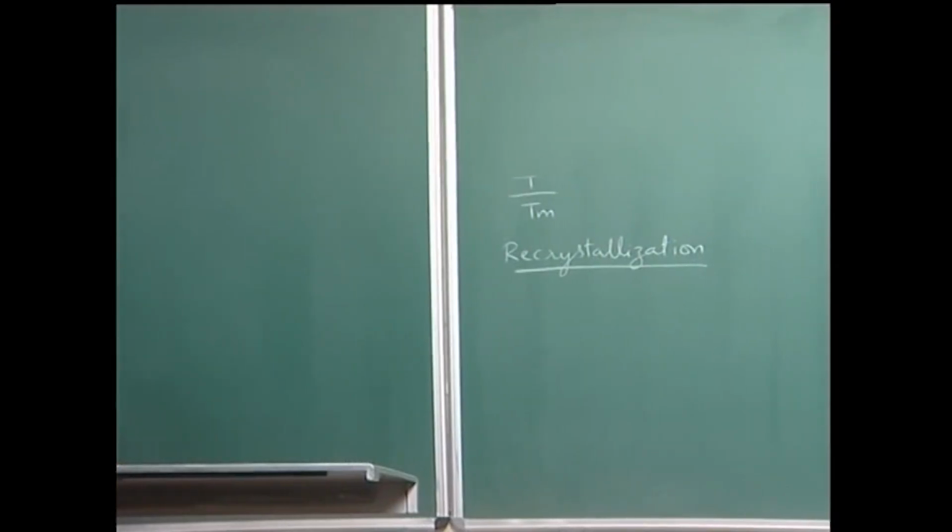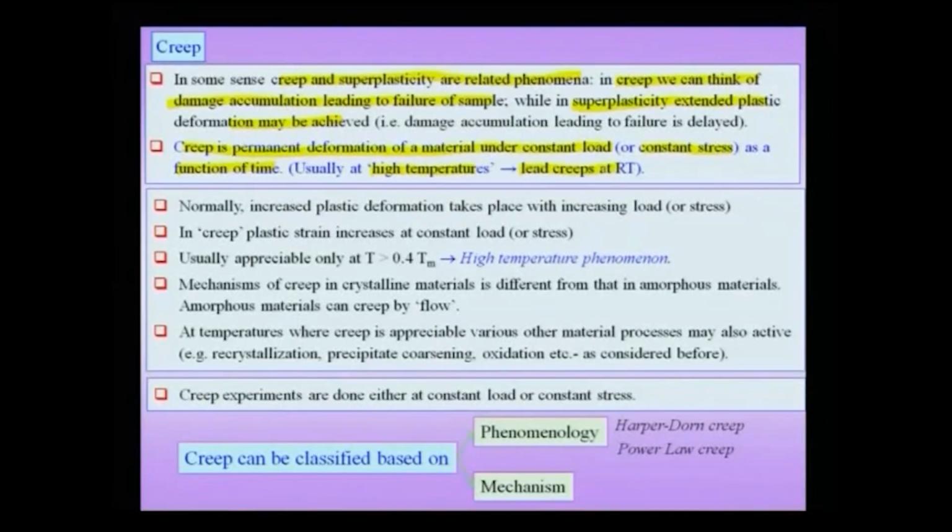Therefore, for lead even room temperature is high temperature. If you hang a load on a lead wire, then lead will creep at room temperature. Normally, increased plastic deformation takes place with increasing load, but in creep plastic deformation takes place at constant load. So, this is the basic definition of creep, and it has to be kept in mind. Creep rates become appreciable only above about 0.4 or 0.5 Tm.